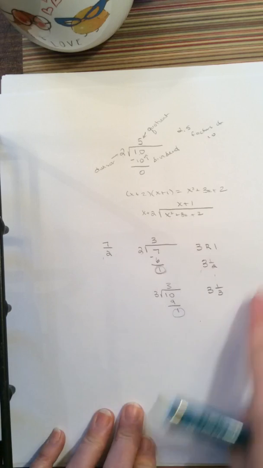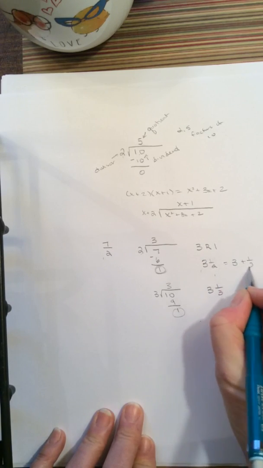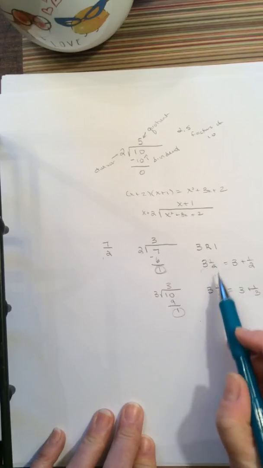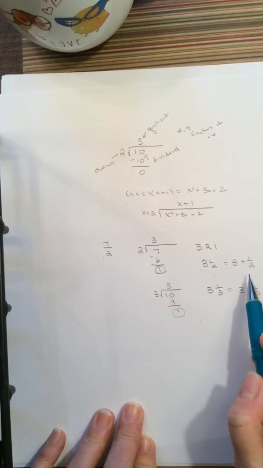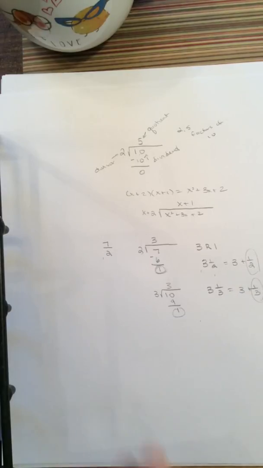So this notation is really important, but the other thing that I notice a lot of people don't realize is when you say 3 and 1/2, you literally mean 3 plus 1/2. And 3 and 1/3, 3 plus 1/3. So this is like the extra that you have left over after the division, and it's like you would have to add it back on to get back to the original number.